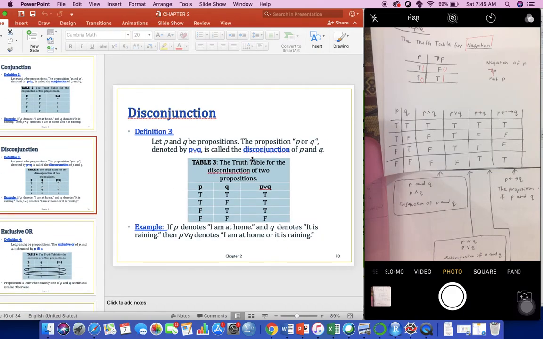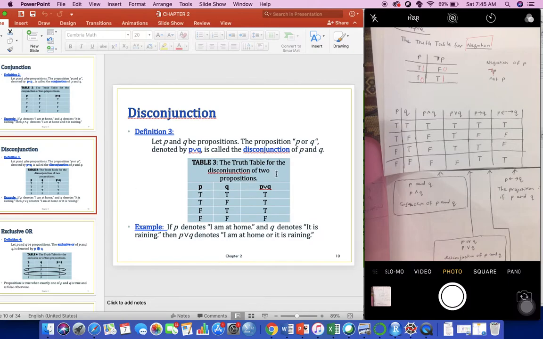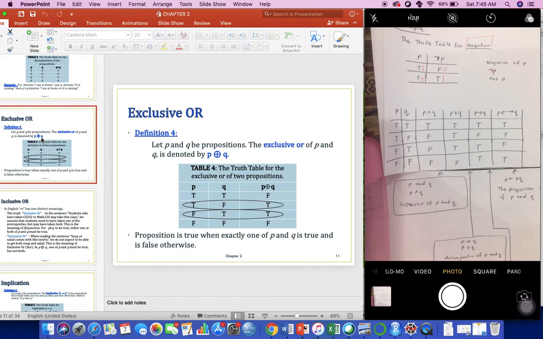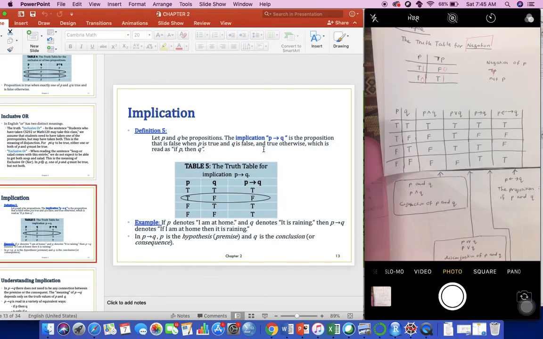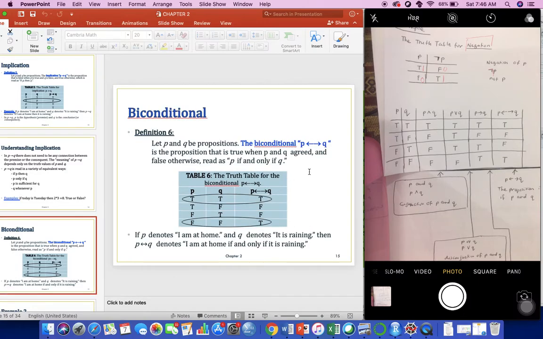This one is disjunction. Conjunction is and, this one is or, and then we have exclusive or, we have implication, if then, and the last one is the biconditional, if and only if.